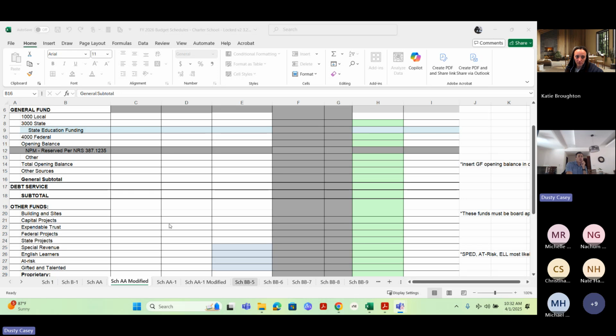So these are due April 15th. Yep. And they need to be sent to, and this tentative budget does not go, past instructions said you send it to Department of Taxation, NDE, SPCSA. This tentative budget, Katie, correct me if I'm wrong, only goes to NDE and uploaded to Epicenter to SPCSA.